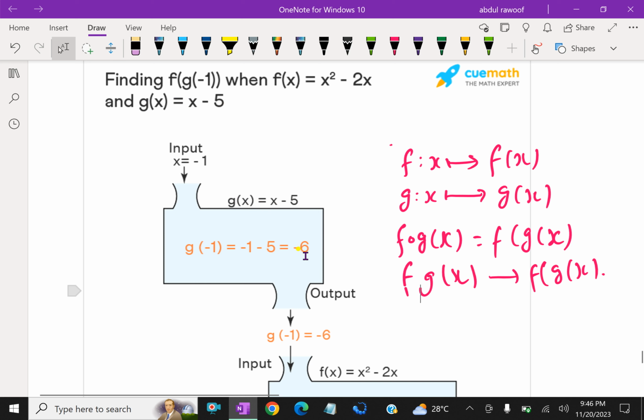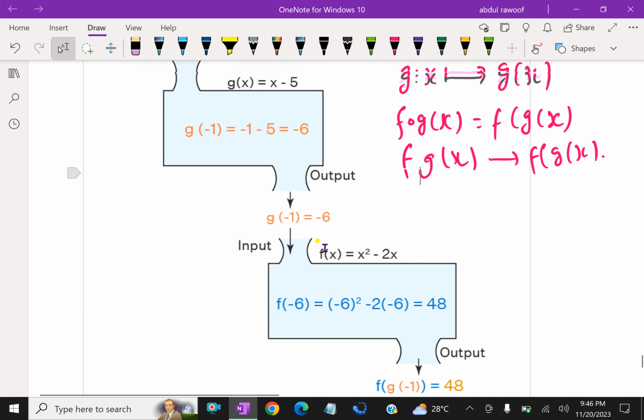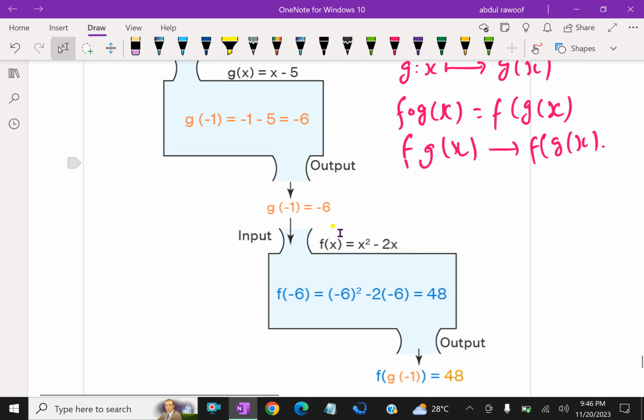This minus 6 is the input of the second function f of x. First, x equal to minus 1 is the input of this machine, which gives the output g of minus 1 equal to minus 6. That minus 6 is the input of this function f of x equal to x square minus 2x.